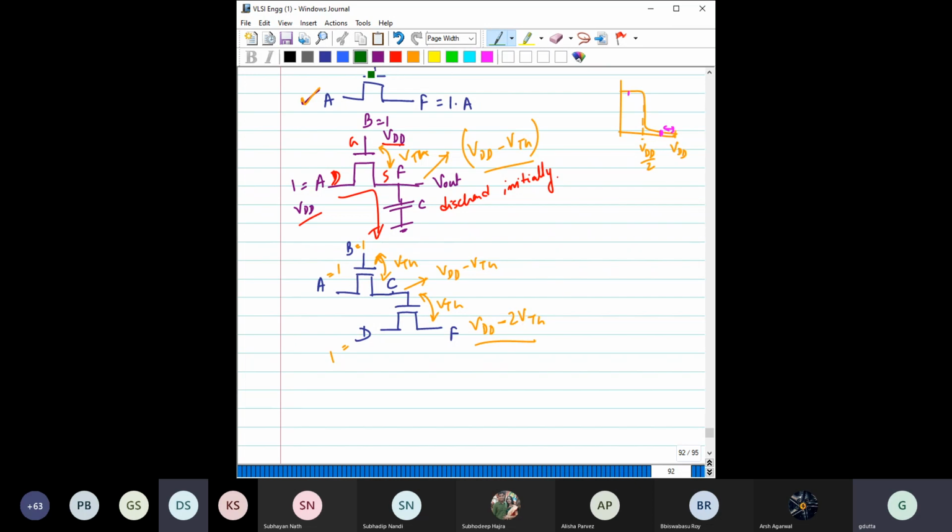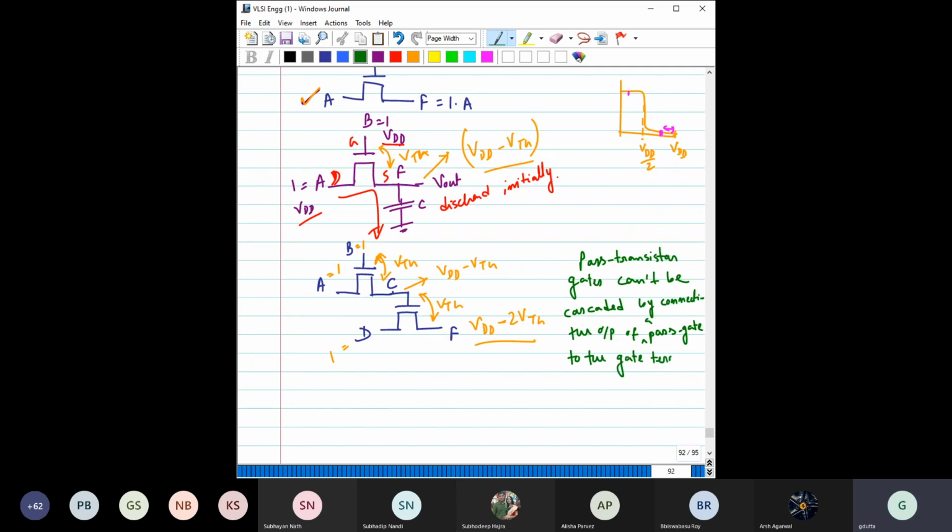So if I want to write it here, then maybe I will write it like this: pass transistor gates cannot be cascaded by connecting the output of a pass gate, means pass transistor gate, to the gate terminal of another pass transistor.